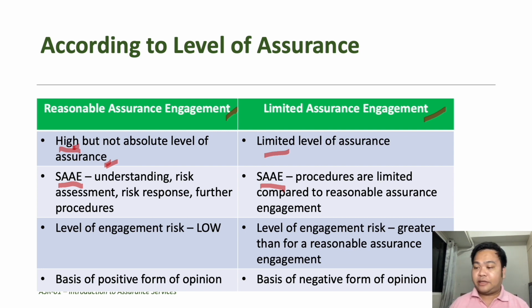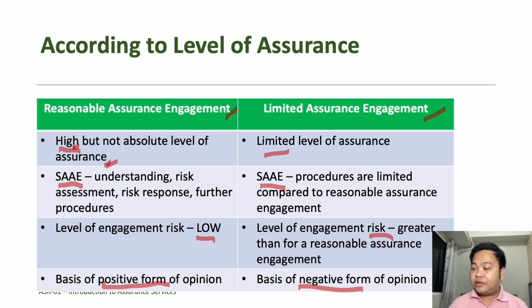That is why in reasonable assurance engagement, the level of engagement risk is less than high, or low risk, while in limited assurance engagement, the level of engagement risk is higher. So the risk is higher compared to a reasonable assurance engagement. And finally, in reasonable assurance engagement, we express a positive form of opinion, while in limited assurance engagement, we express what we call the negative form of opinion. Okay?